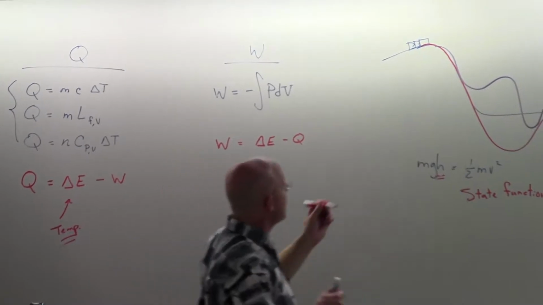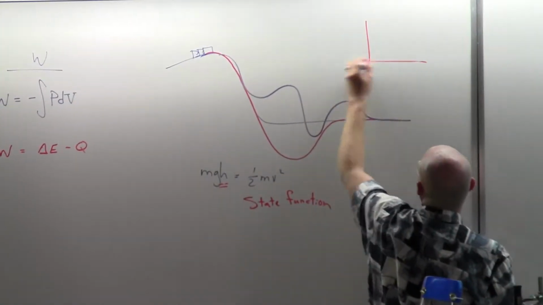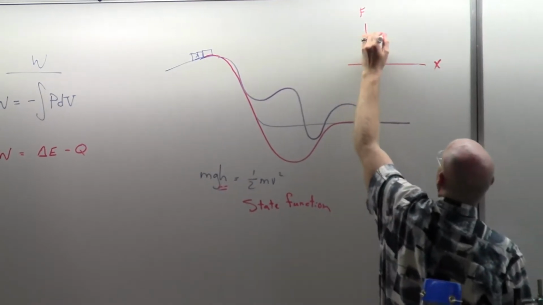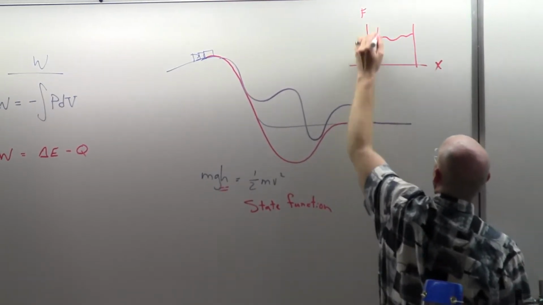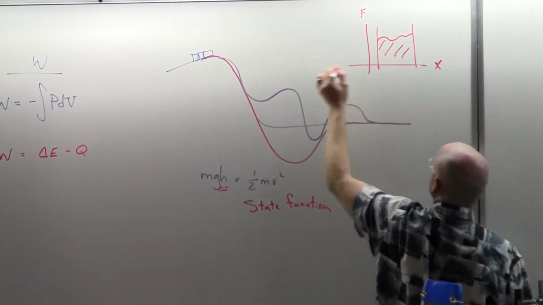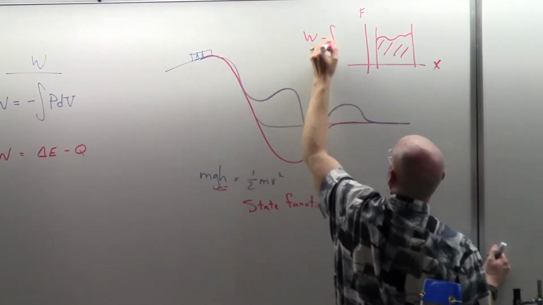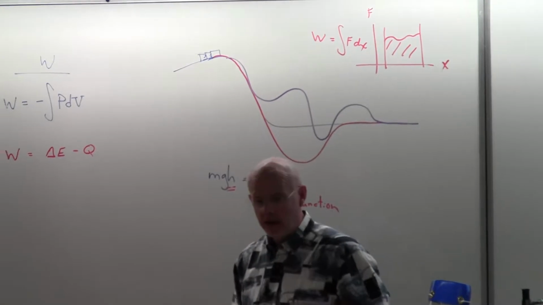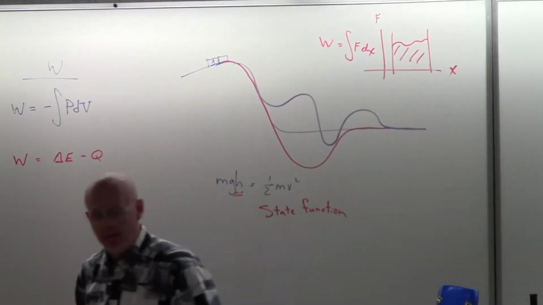If we go back to mechanics, if I made a plot of force and distance, and it looked like this, didn't we say the work was the area under the curve? And so we're doing the same thing here.